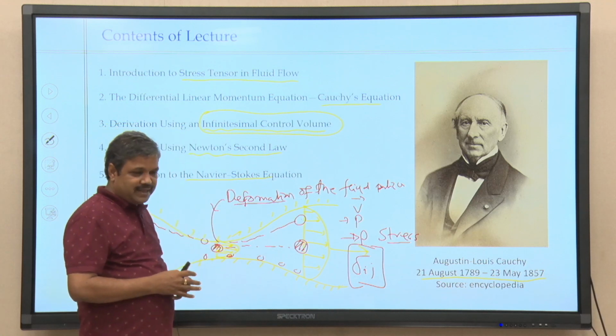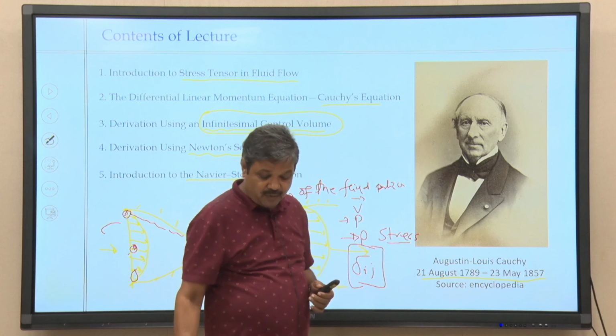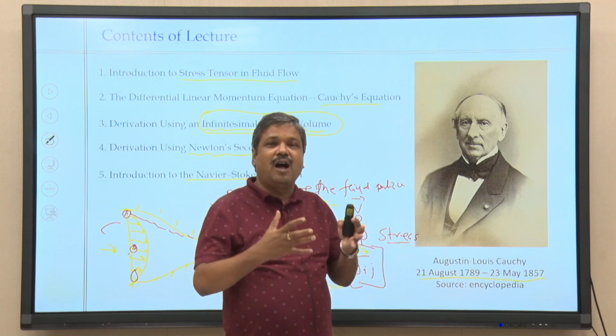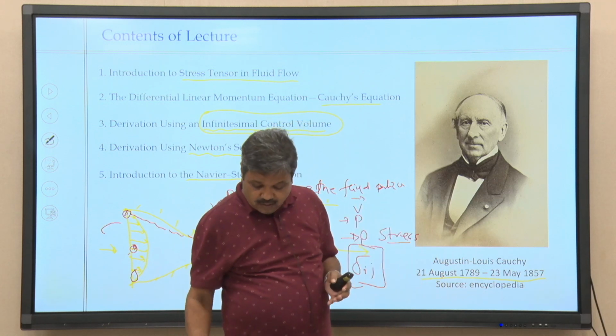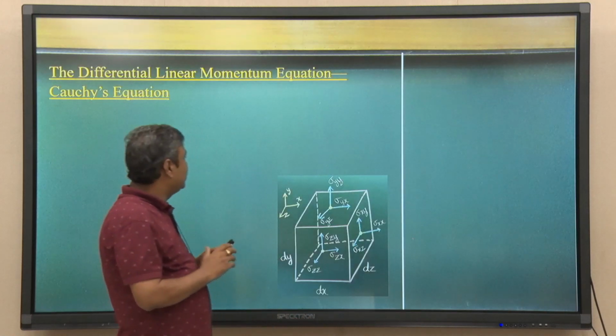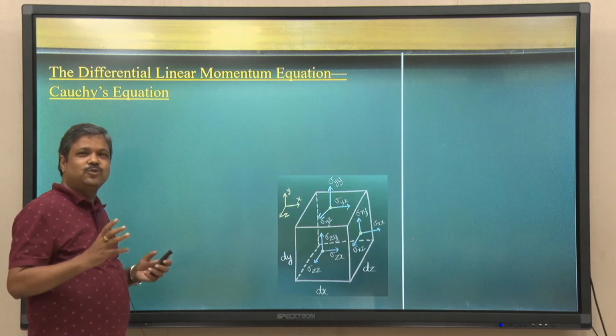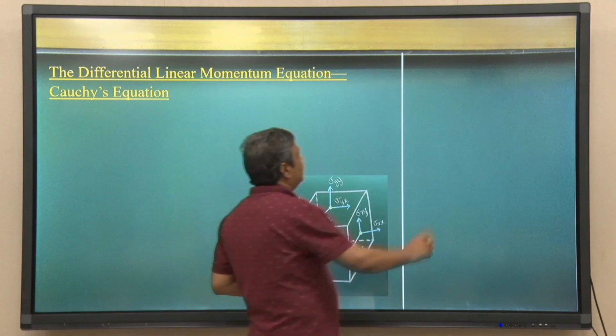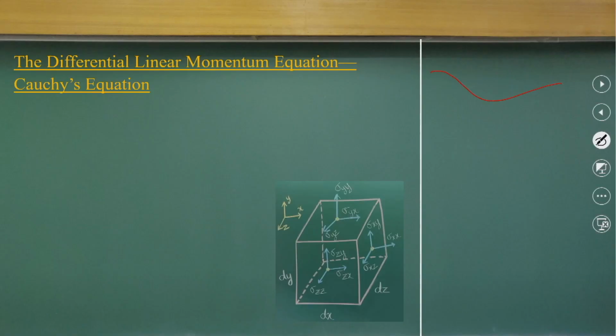Now, we talked about the continuum hypothesis, but here in fluid mechanics we talk about how the stresses happen at the fluid particle level. As I said, we should talk about trace, because whenever you have a boundary and the fluid particles are moving, there are stress components. Deformations are happening, so there is a stress component on that.